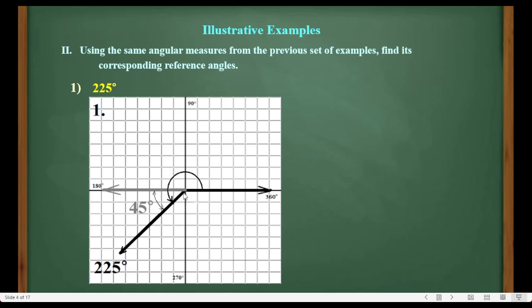Now, to trace the terminal side of this given angular measure, we need to use the protractor here. Okay? You will find out that the terminal side of this 225 degree angle lies in quadrant 3, as you can see from the drawing.